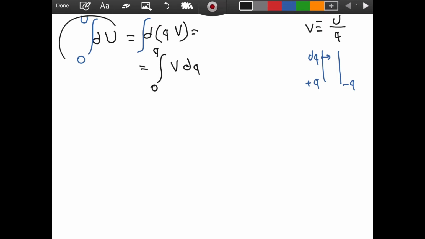So with this in mind, let's continue. On the left, it is fairly simple. We will simply have U, which is what we are looking for, don't forget. And on the right, we now have the integral from 0 to Q of V dQ. Alright. And how does this help us? Well, we know a formula for V for the case of a capacitor.